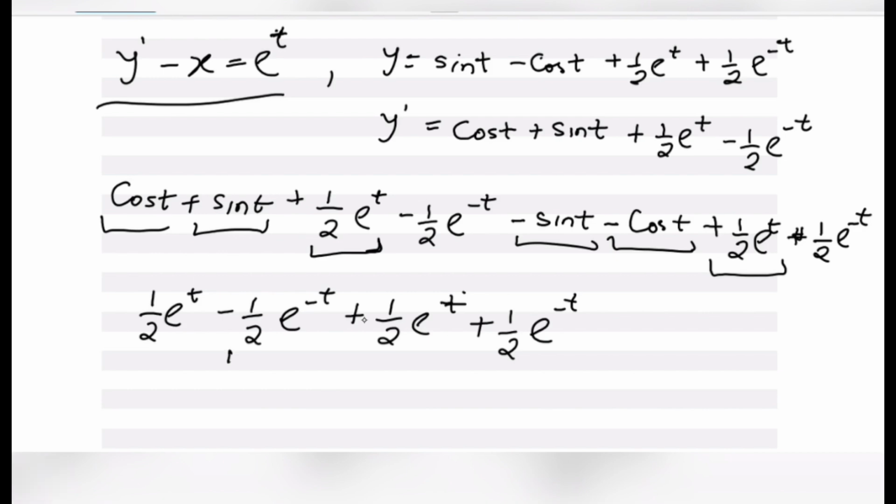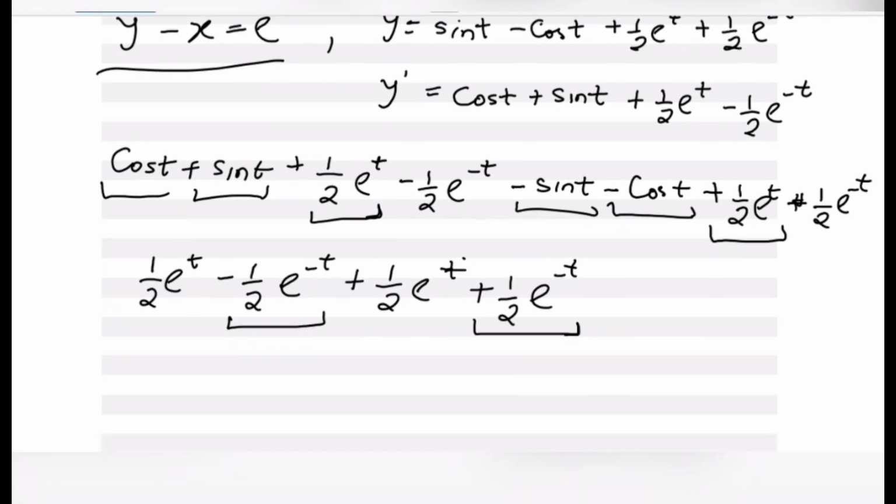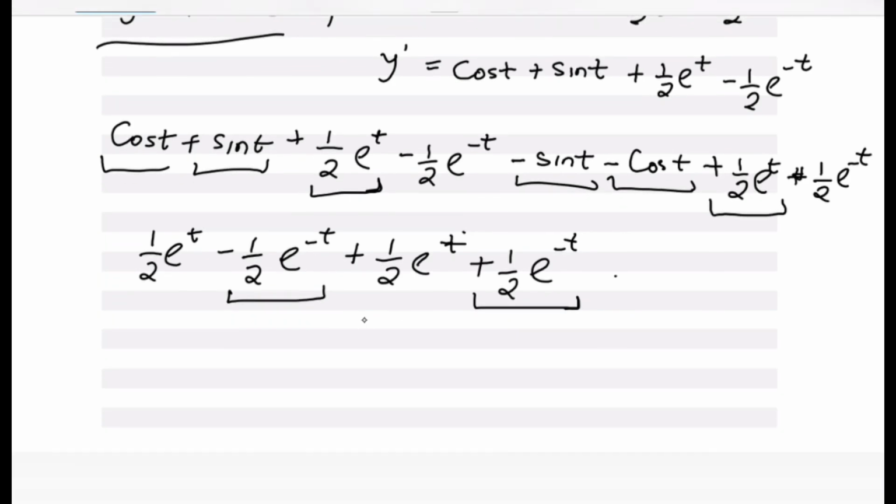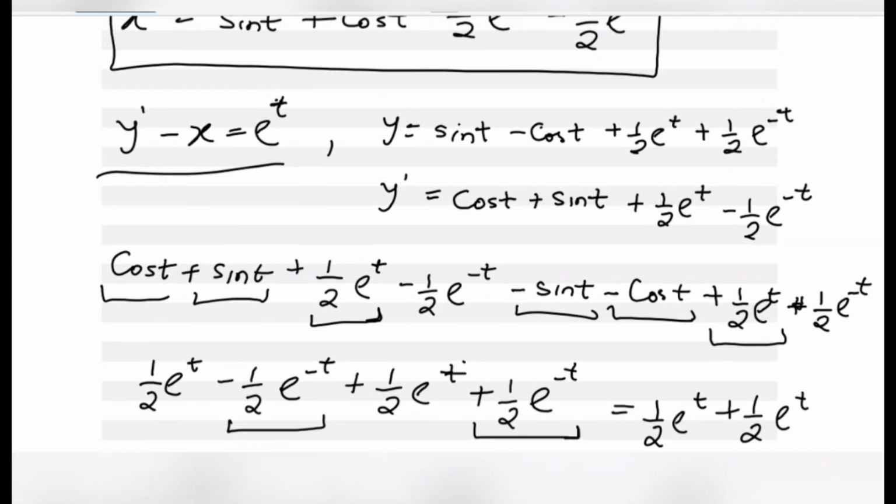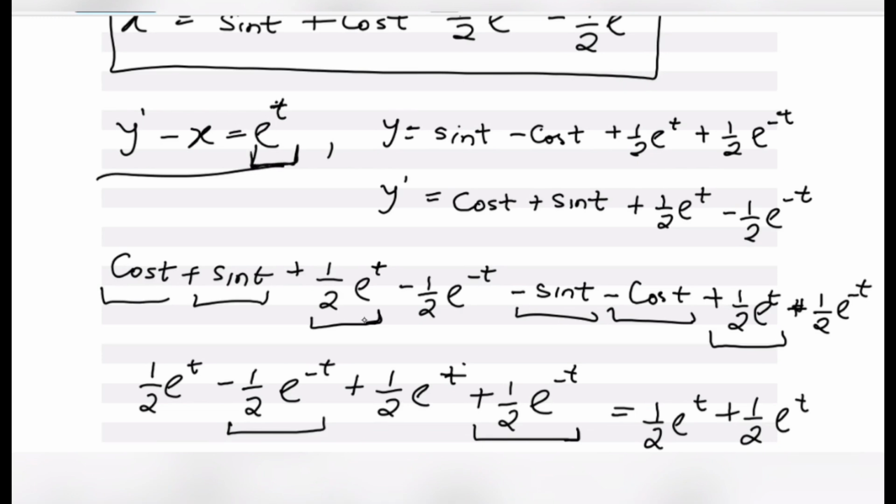And if you look at these two, that's still going to cancel each other to give us 0. So what we really have left is just 1/2 exponential t plus 1/2 exponential t, which is simply exponential t. And this is what we have here. So that means that our solution is correct.